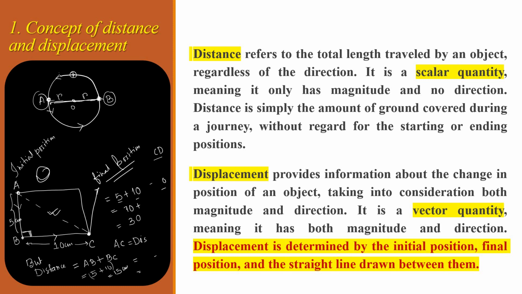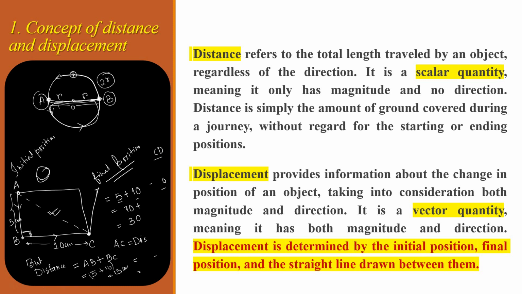That is, this half is r and this half is r. If we sum up, we will get twice r. So displacement is twice r, but the distance covered is the circumference of this semicircle. This will help you to understand the concept of distance and displacement.